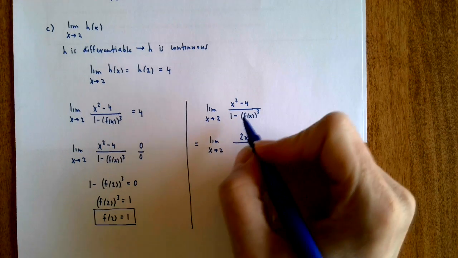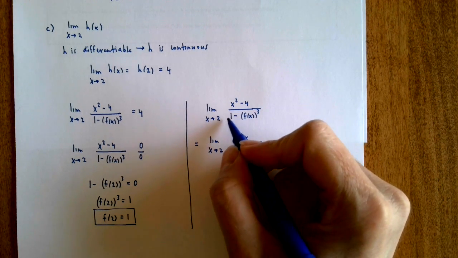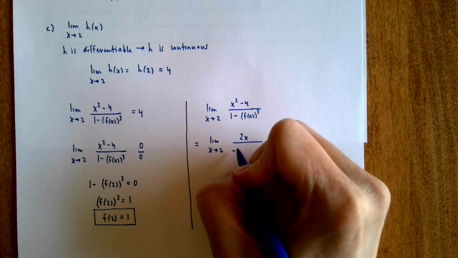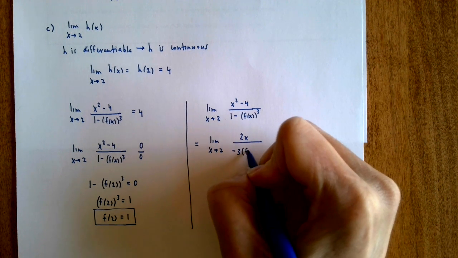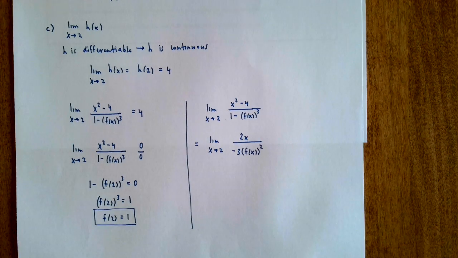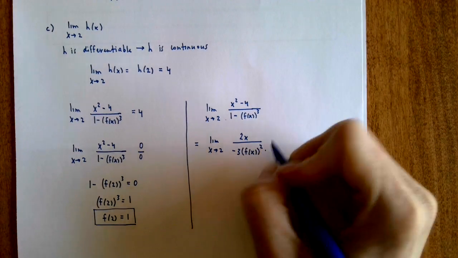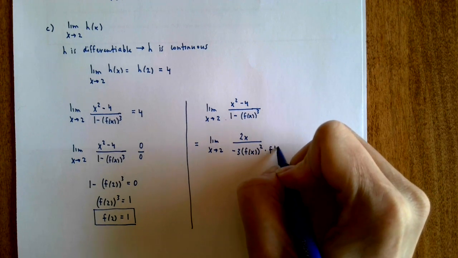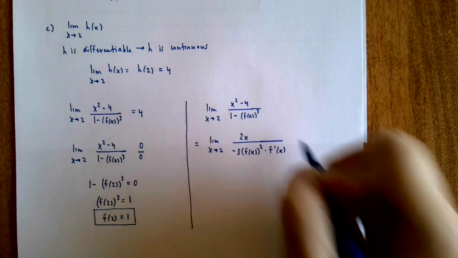And we're going to take the derivative of the denominator. Now in this case, the 1 is going to go to 0. Here I'm going to have negative 3. My inside function is going to stay the same. I'm going to decrease my exponent by 1. And then I'm going to multiply by the derivative of the inside, which is f prime of x.